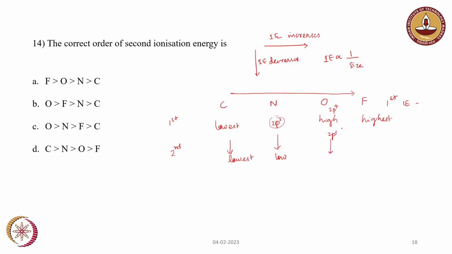So to remove one electron from a half filled stable species will be difficult. So this will have the highest, and this one will be high. So the order will be O greater than F greater than N greater than C. The answer is option B.